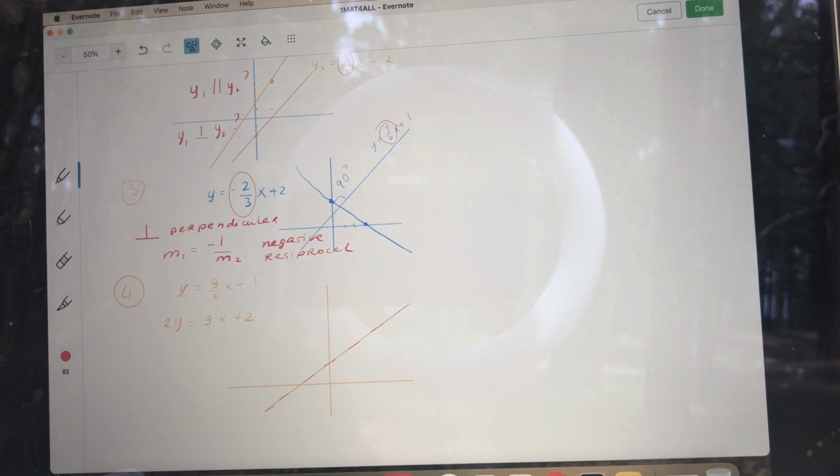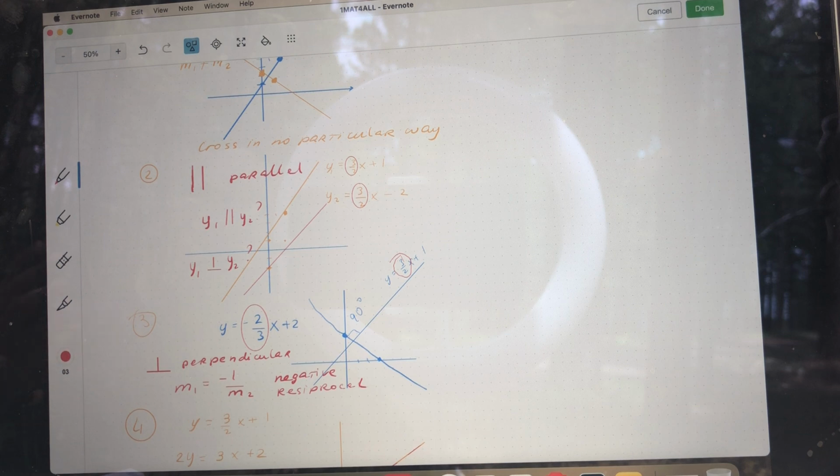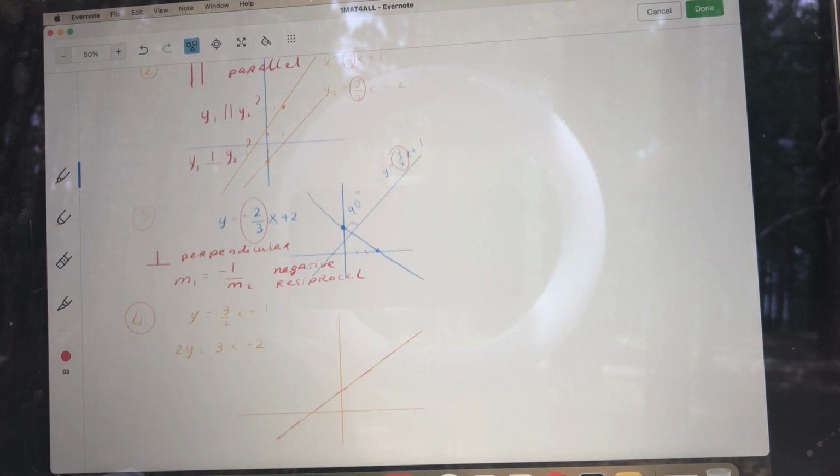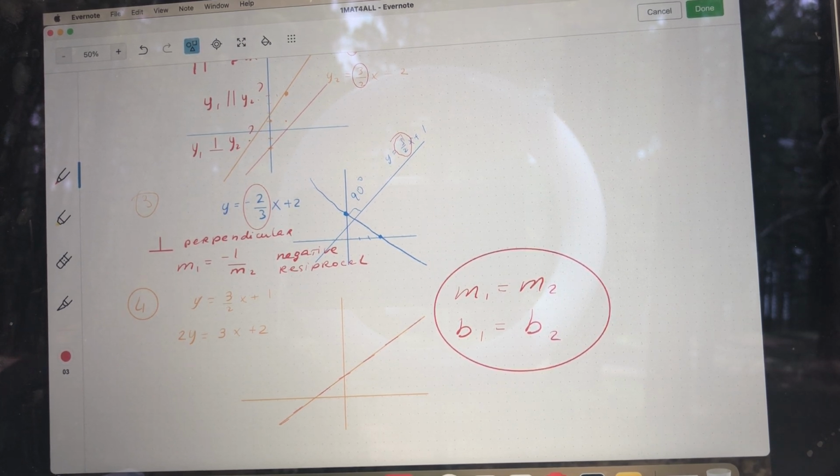The lines could simply cross, they could be perpendicular, they can cross at 90 degrees, they could never cross, they are parallel if they don't cross, or it could be the same line twice. Now, if it's the same line twice, then of course the slope of the first is the same as the slope of the second, and the y-intercept of the first is the same as the y-intercept of the second, because it is the same equation twice.